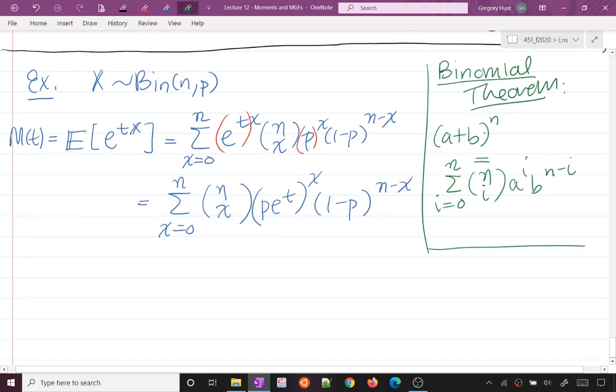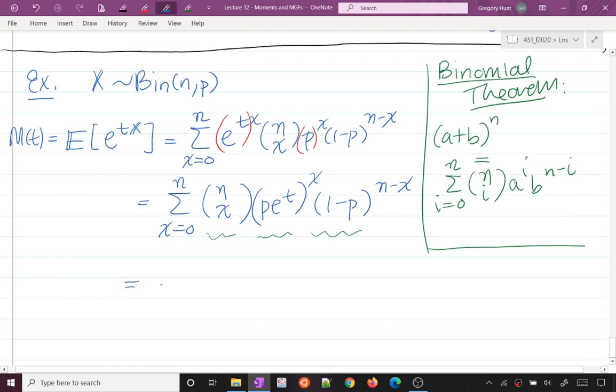So you can use this theorem in two ways. You can say a plus b to the n, expand it out, or you can go backward. If I have a sum of binomial coefficients times something to some powers, where the powers always sum to n, so n minus x plus x sums to n, I can go backwards and say that is equivalent to a plus b to the n.